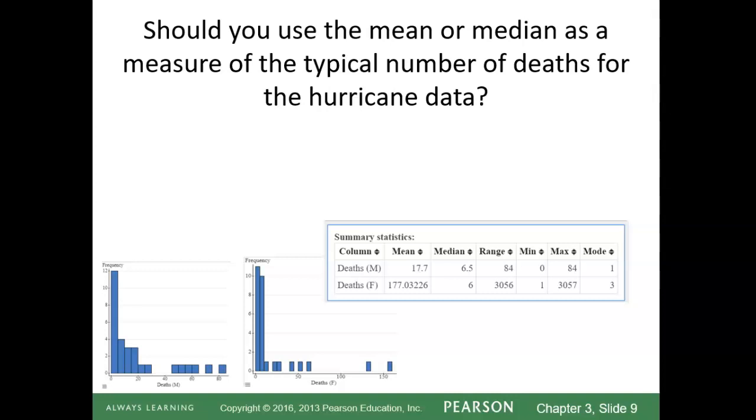We're going to look at the hurricane data again here. The summary that is shown here is slightly different than the one that we saw in Chapter 1. You might remember that the mean deaths were lower than this. Well, we had thrown out some outliers, some really unusual observations.